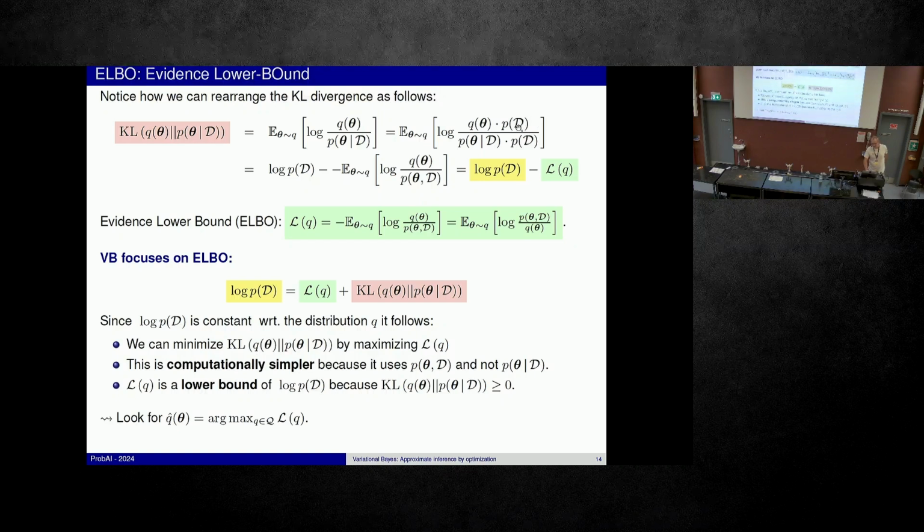The reason I'm doing that is because I hate this posterior because I can't calculate it, but I love this joint here because I can. The problem is that this number is hard to find, but now I'm getting rid of it. I know that it is bounded by my ELBO, and I know that I can calculate my ELBO, so this P of D thing is something that I don't have to relate to anymore.